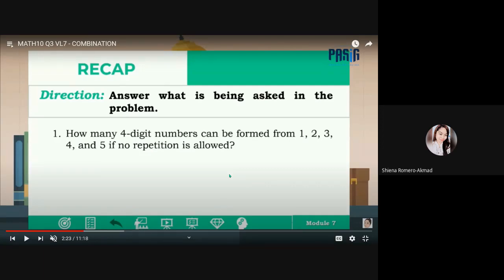What do you think is the answer? O ano po yung nun, permutation notation?